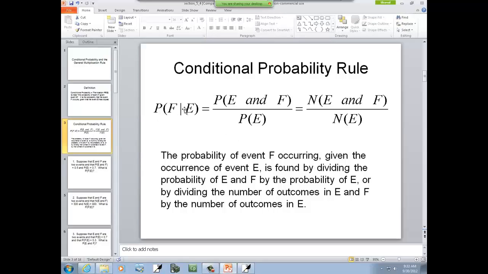Probability of F given E is equal to probability of E and F over the probability of E. Now you can also write it as, see this N here? That's the number of outcomes. So the number of outcomes in E and F over the number of outcomes in E.